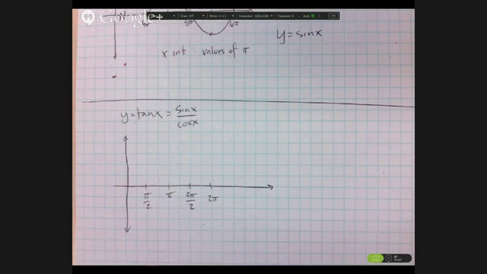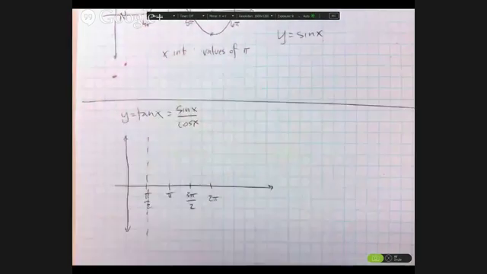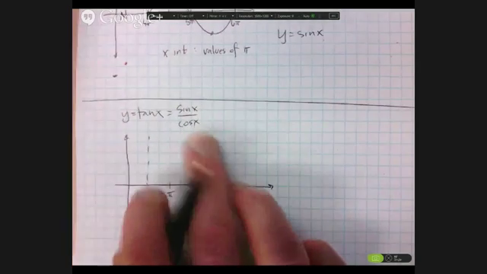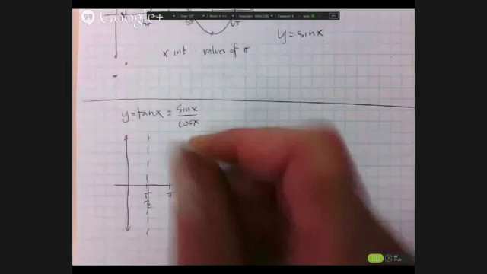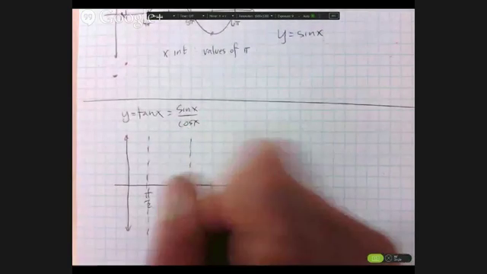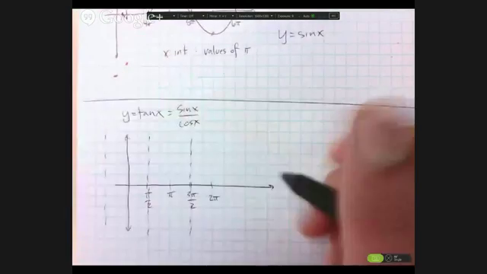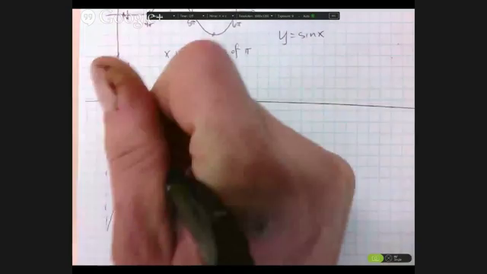So where's cosine 0? Right, and? So at pi over 2, it's not going to exist. Cosine, so cosine's in the bottom if it's 0 if we're undefined. 3 pi over 2? And it's going to be back here to negative pi over 2, etc. It's going to repeat every pi. But this is what tangent looks like.